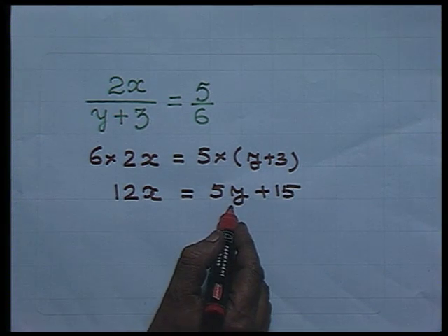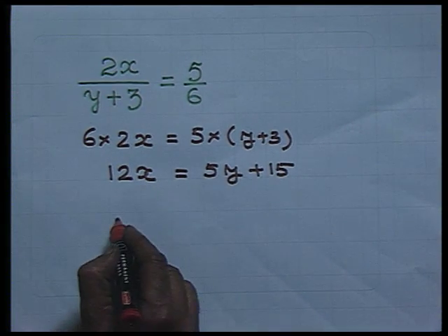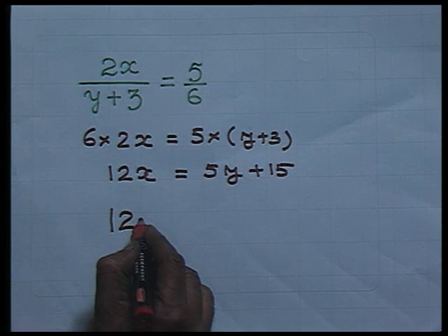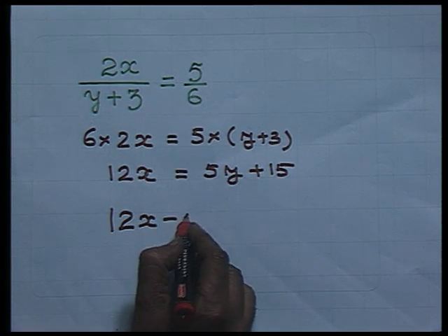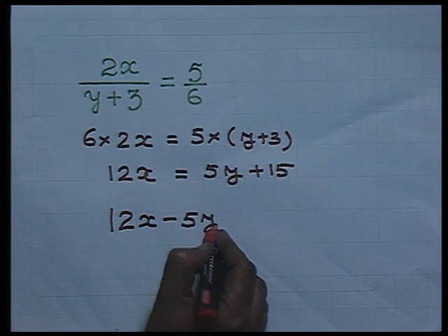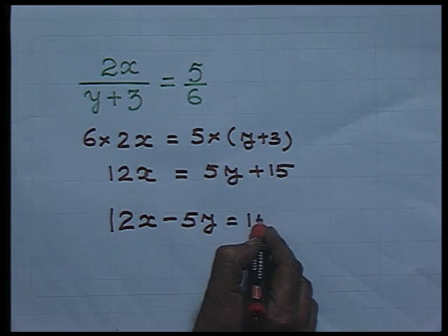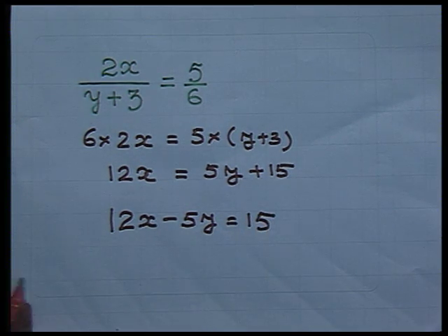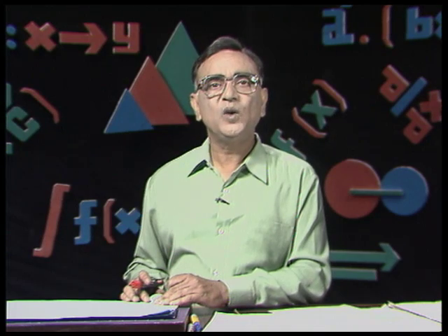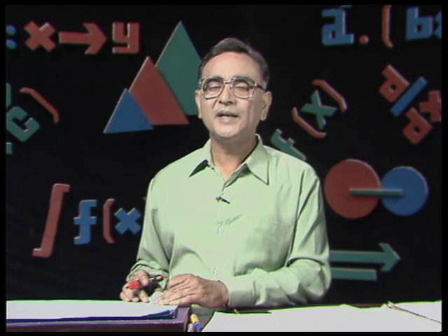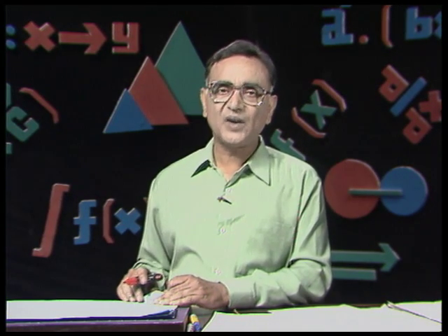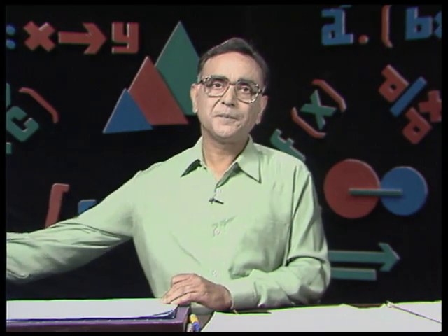Now transferring 5y onto the left hand side, I get 12x minus 5y equals 15. So from the first condition, I got one equation, and that equation is 12x minus 5y equals 15.